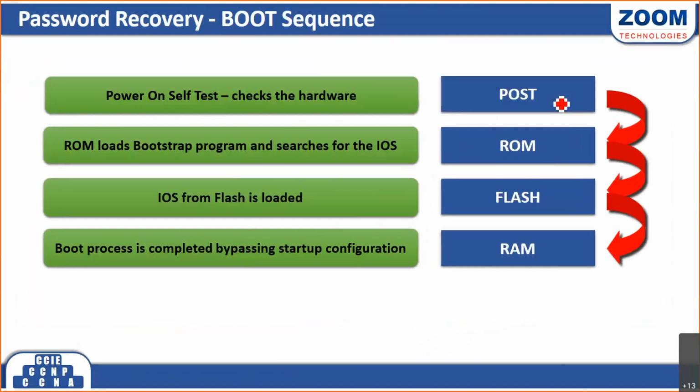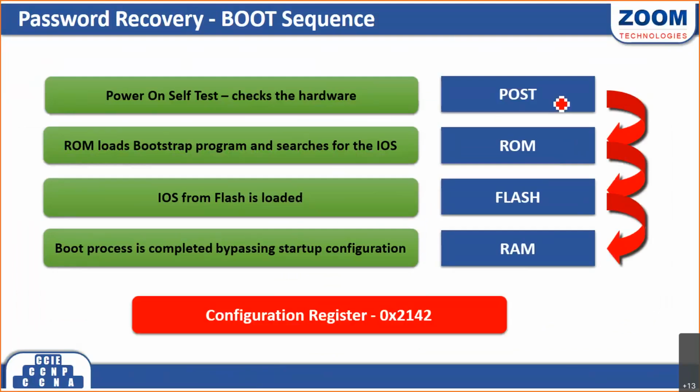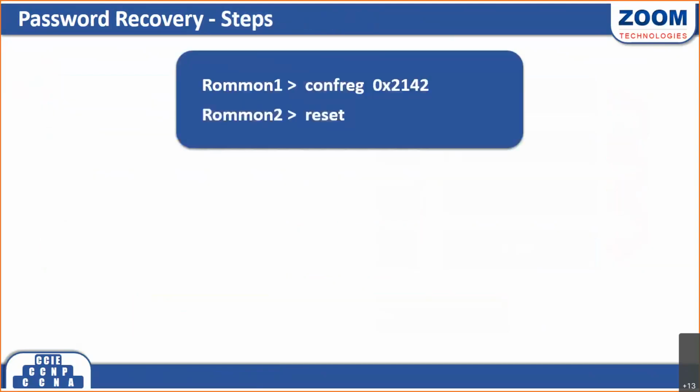See, NVRAM has been skipped. The boot process completed, bypassing the startup configuration. So what is the register value required to bypass this? 0x2142. So these are the steps: confreg 0x2142 and reset.